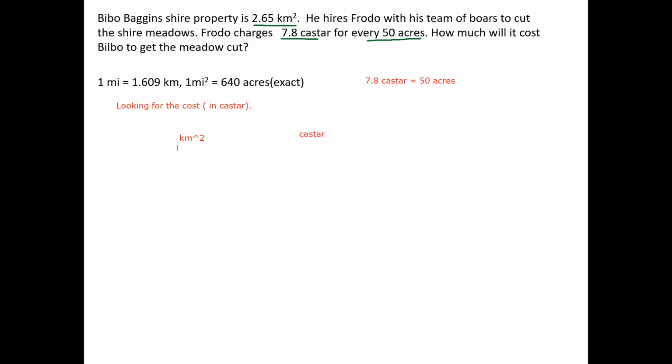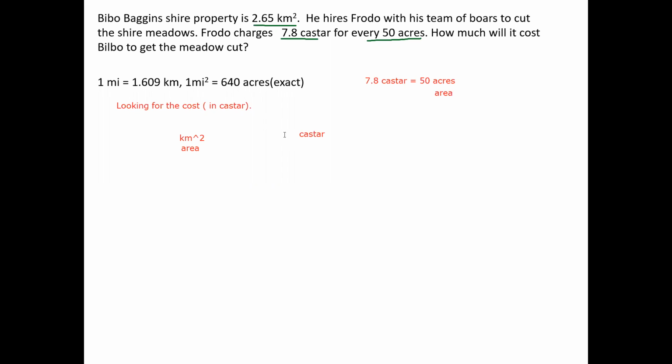But kilometers squared, of course, is a unit of area. Now is castar, we've got to ask ourselves the question, is there a conversion to some unit of area? And acres is a unit of area.